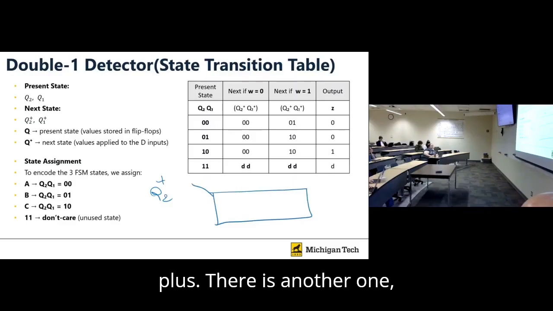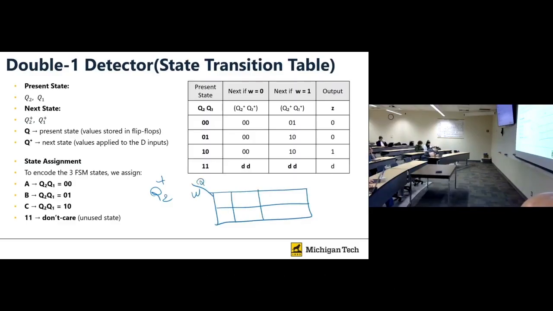There is another Karnaugh map, W, Q1, Q2, 0, 1, 0, 0, 0, 1, 1, 1, 1, 0. Okay. Let's go for Q2. This is Q2.